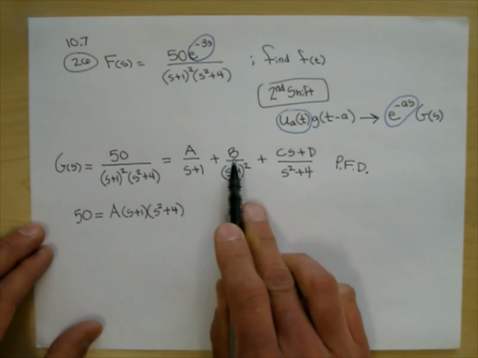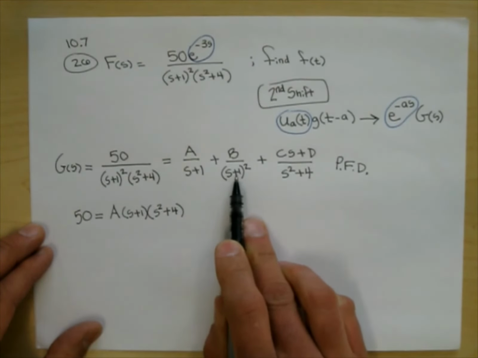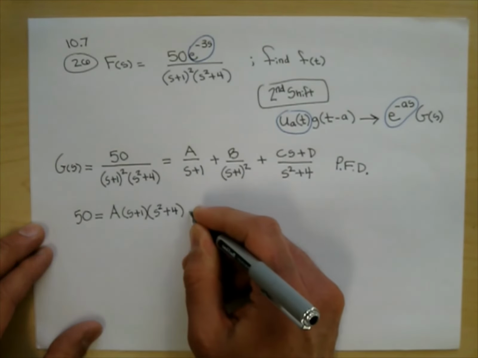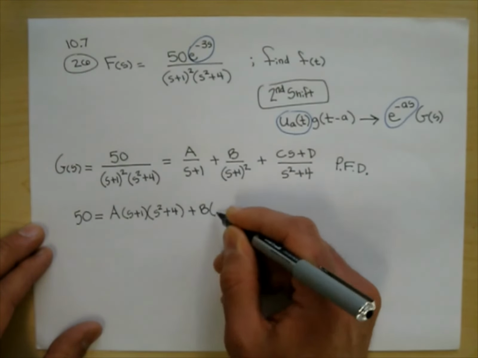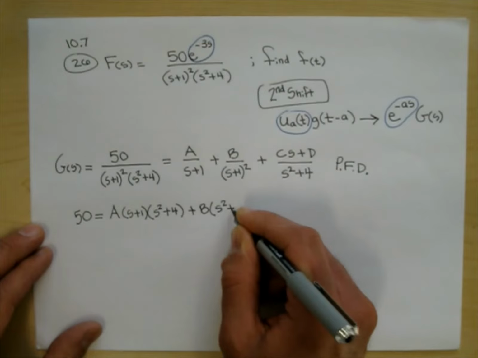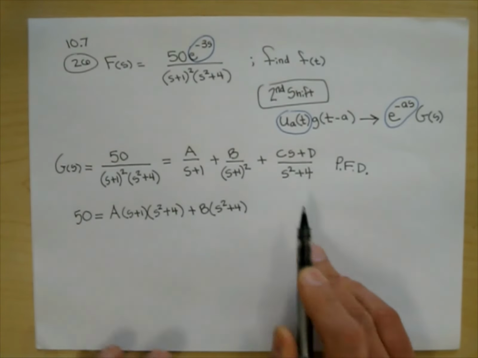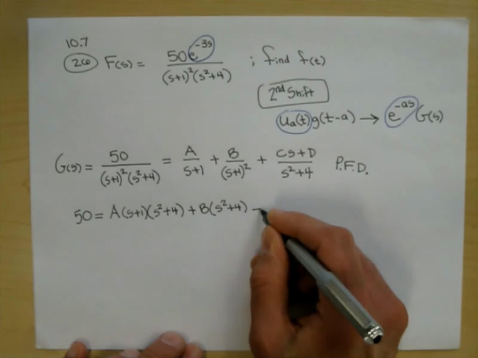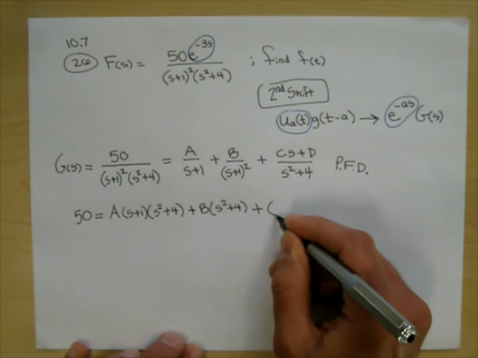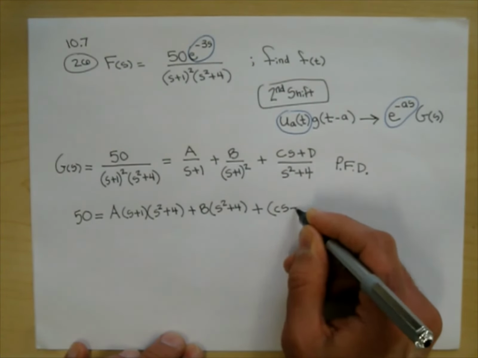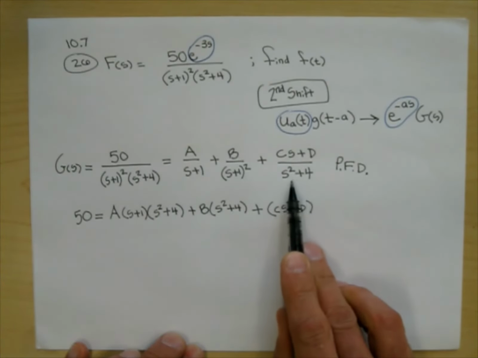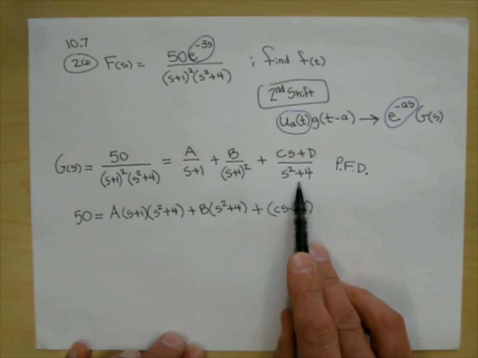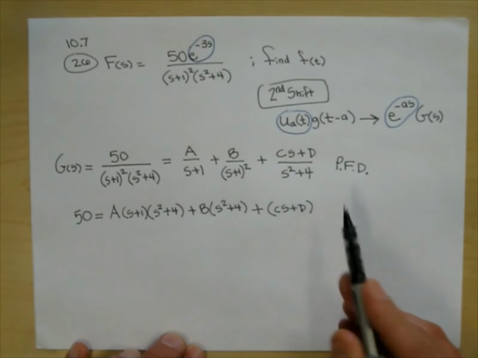Then I multiply this expression by the LCD, and the s plus 1 squareds will cancel, giving me B times s squared plus 4. And then this one right here is going to be, we need parentheses, Cs plus D, and s squared plus 4 is going to cancel when I multiply by the LCD, so I'll just have an s plus 1 squared.